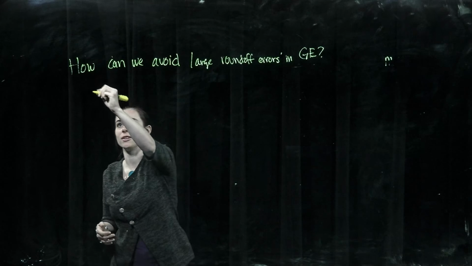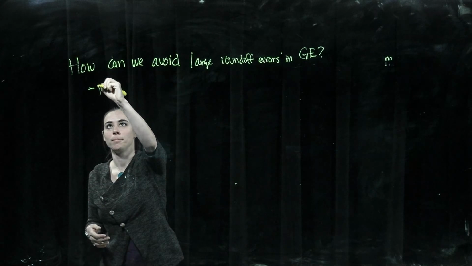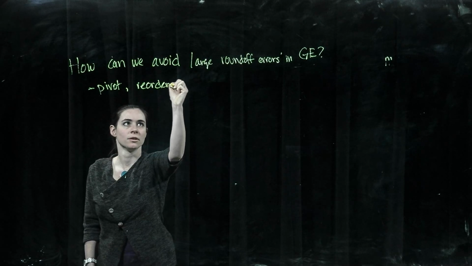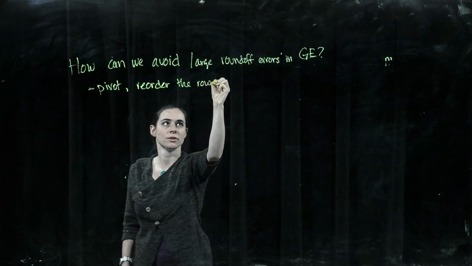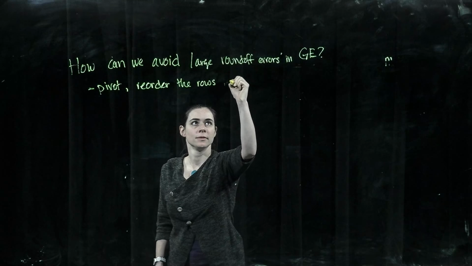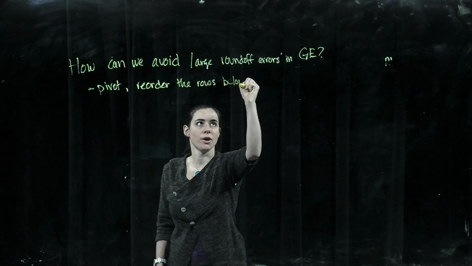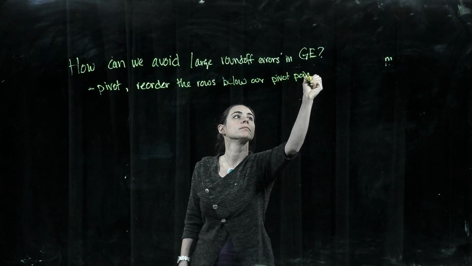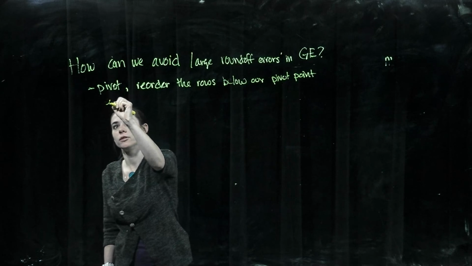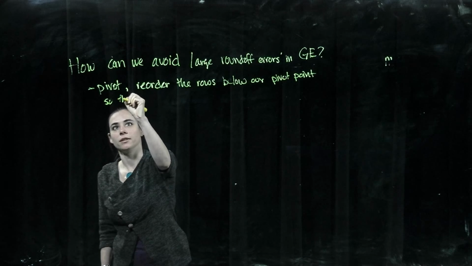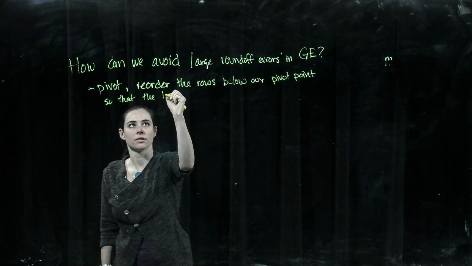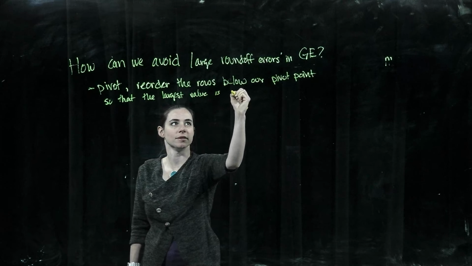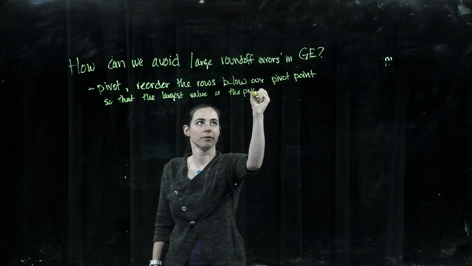And so what we're going to do is pivot, or reorder, the rows below our pivot point so that the largest value is the pivot.